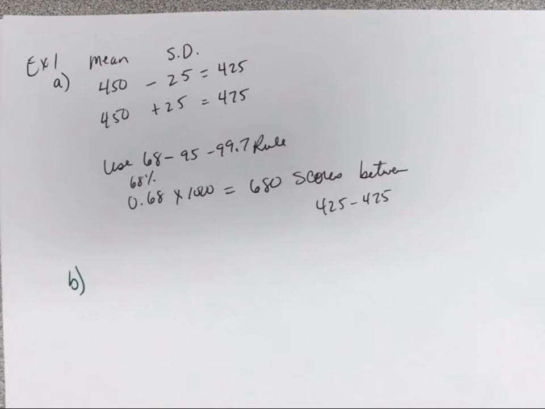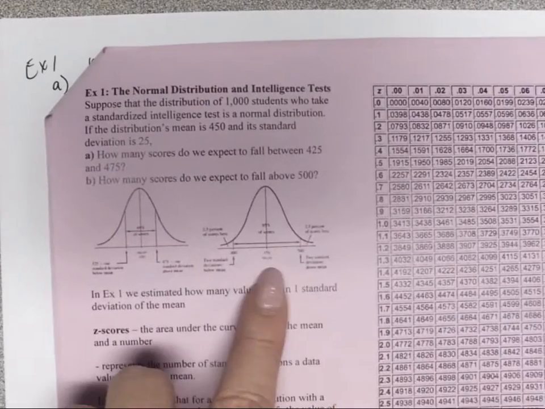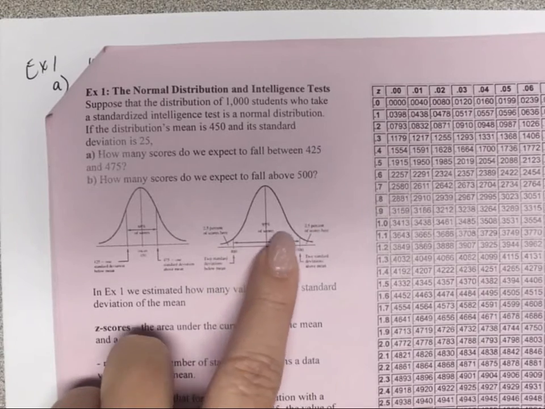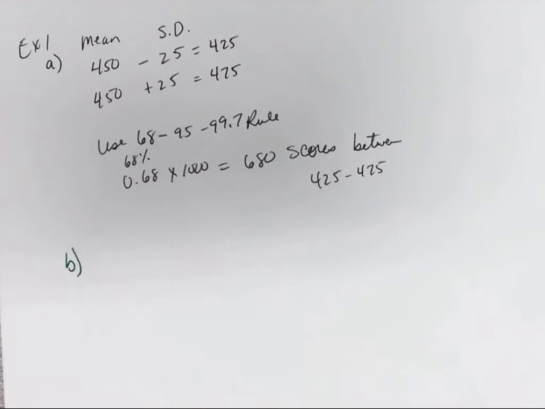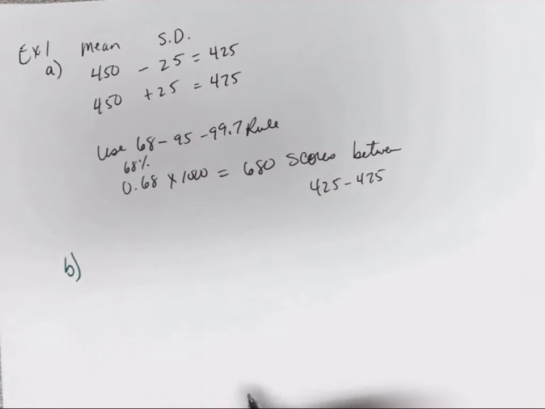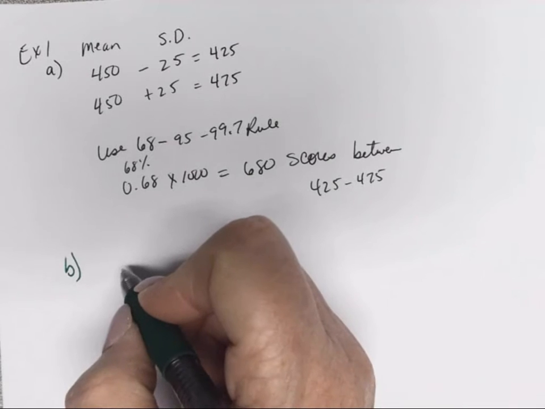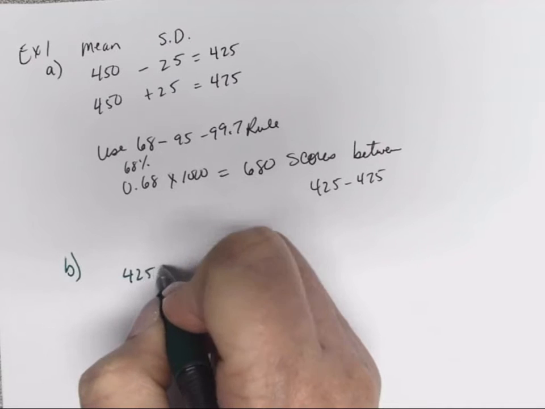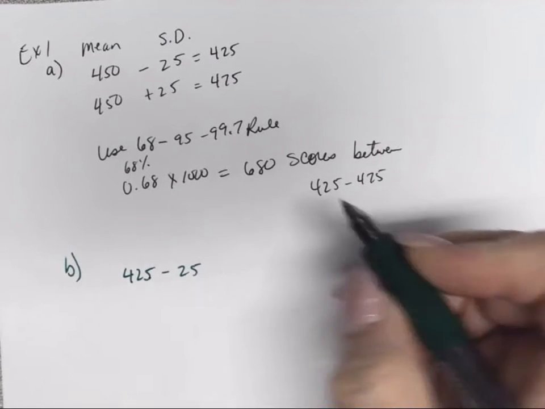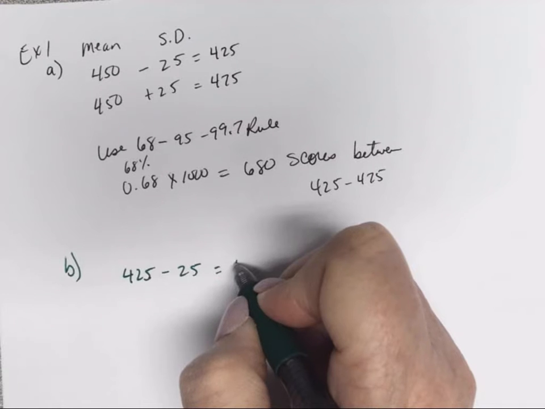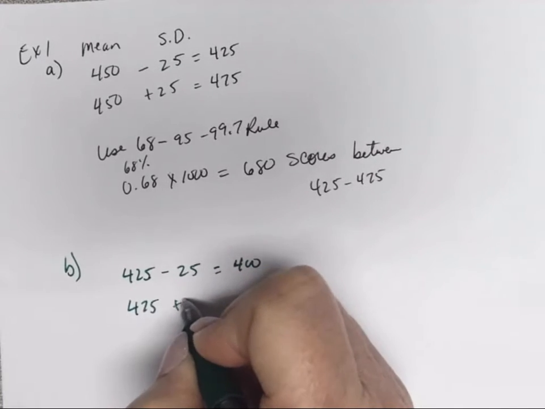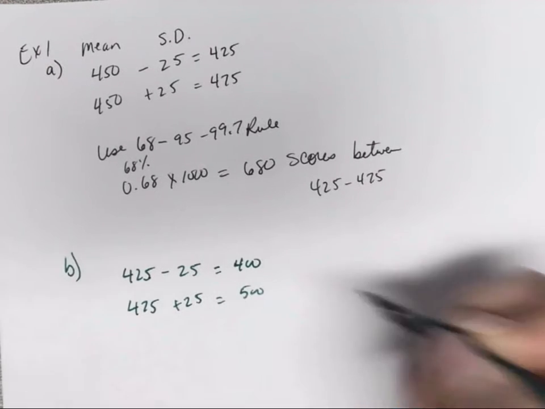So part B asks, how many scores do we expect to fall above 500? Well, if we're thinking about what's going on here, it's got to be the part that's above 500. So let's see where 500 lands with our rule. If I take the range of data that we already had, 1 standard deviation, and I do the same thing, 425 minus another standard deviation is equal to 400, and then I have 475, and I do another standard deviation, I get 500.